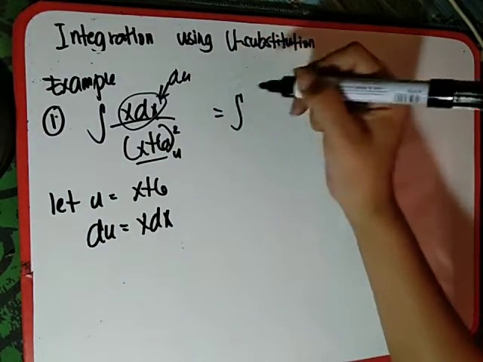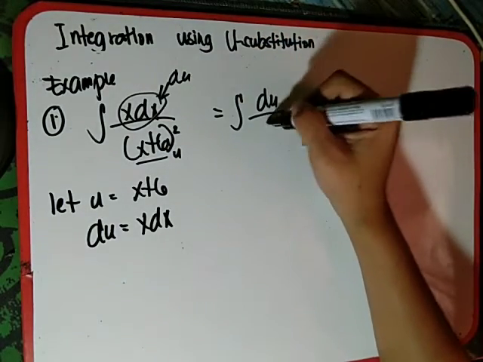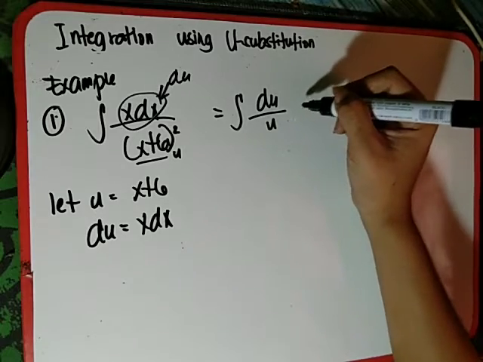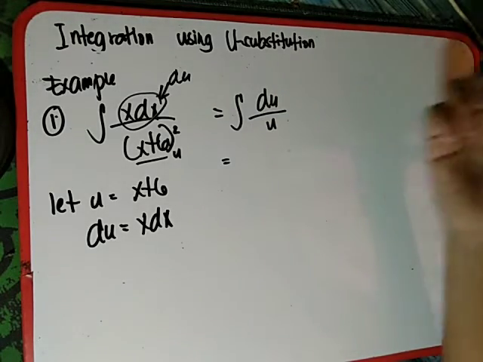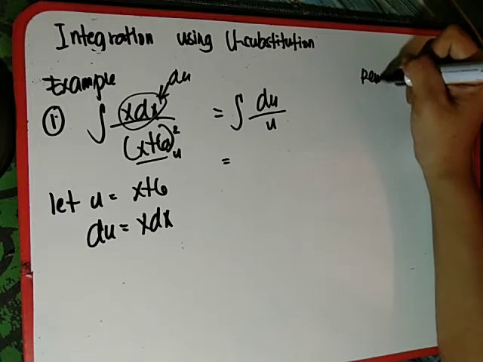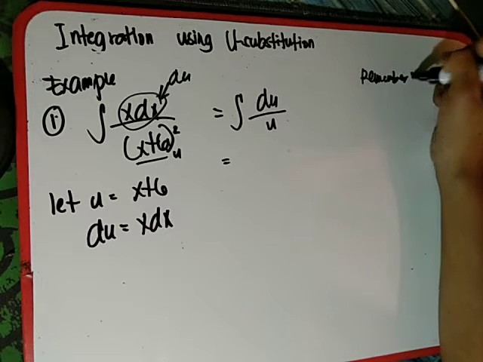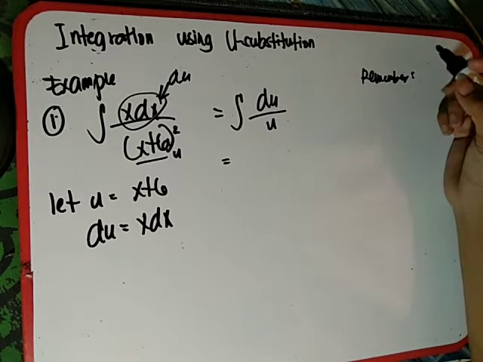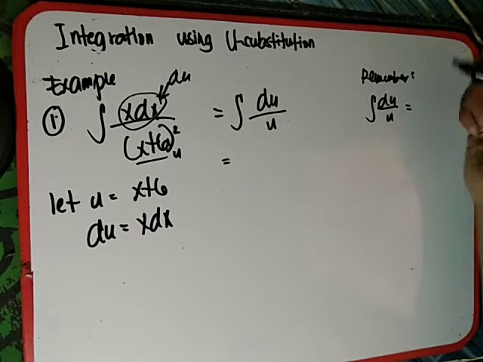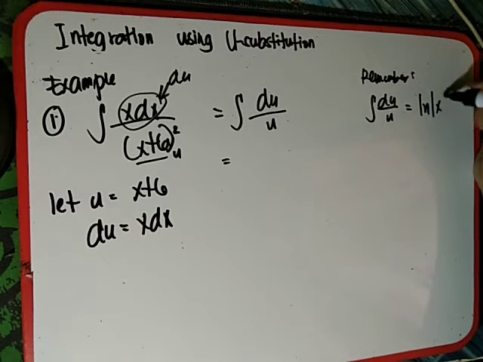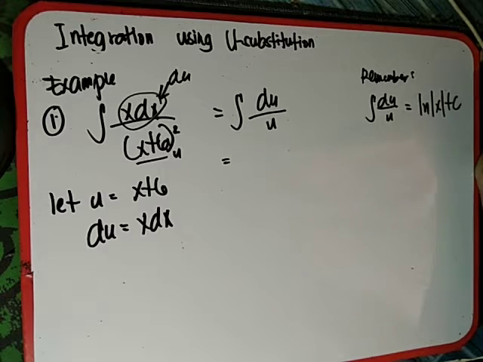So we have the integral of du over u is equal to, so remember that the integral of du over u is equal to ln of u plus c.